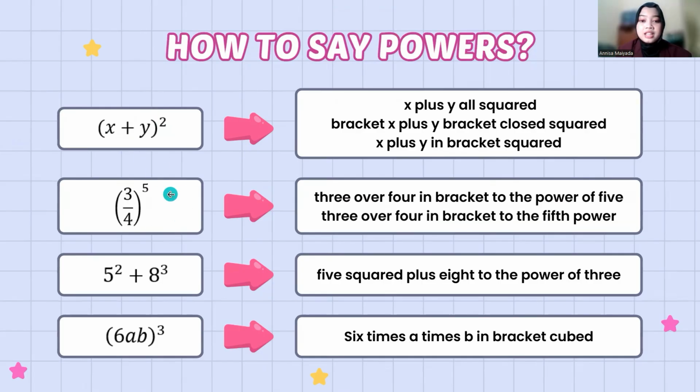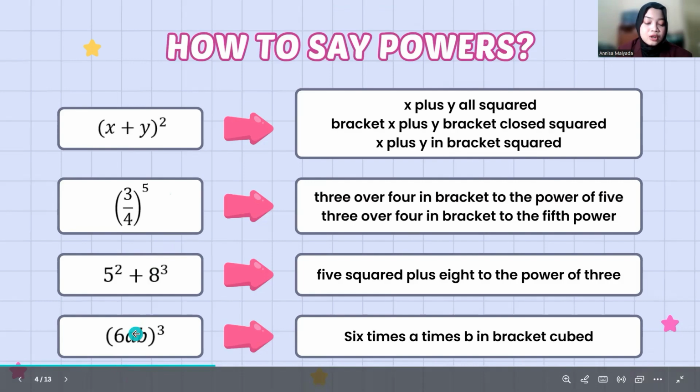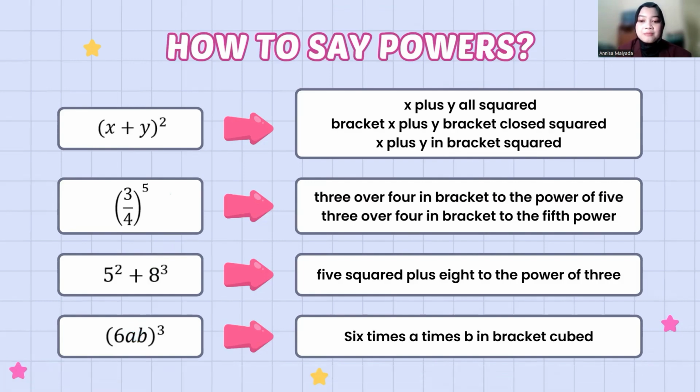And this, we read it as 3 over 4 in bracket to the power of 5 or 3 over 4 in bracket to the 5th power. And this, we read it as 5 squared plus 8 to the power of 3. And this, we read it as 6 times a times b in bracket cube.